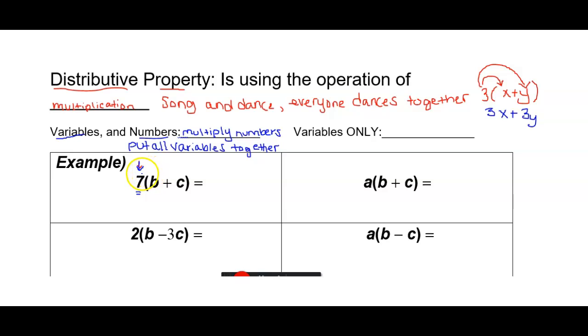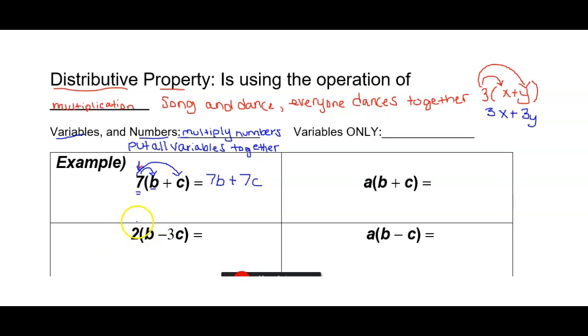So the only thing I can do is just put them together. So when I make the 7 dance with the b and the 7 dance with the c by multiplication, I'm just going to put them together. I'll end up with a 7b, again, they're dancing together, plus a 7c. Okay? That is distributive property, song and dance.